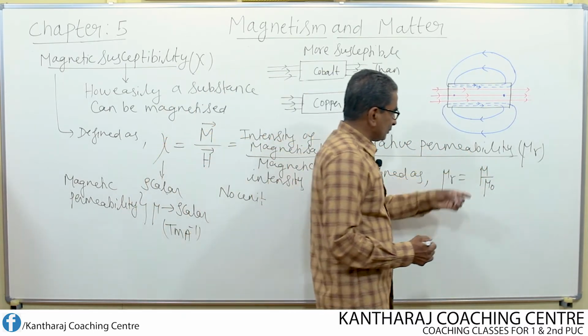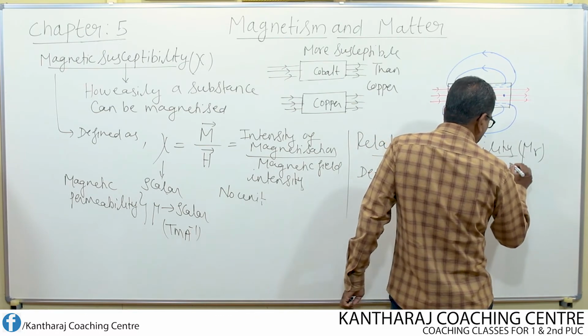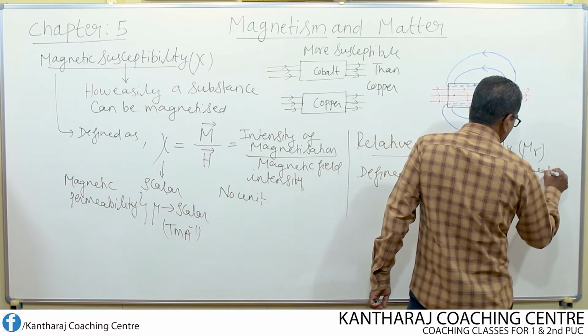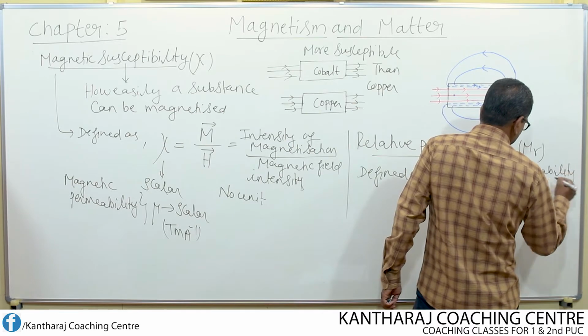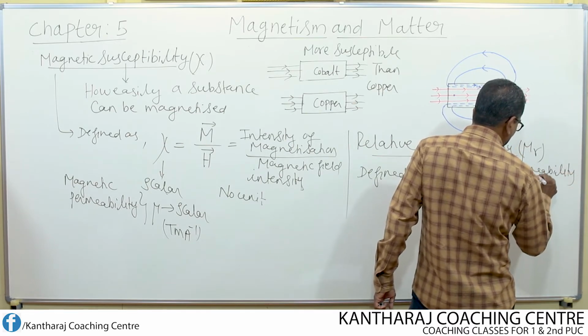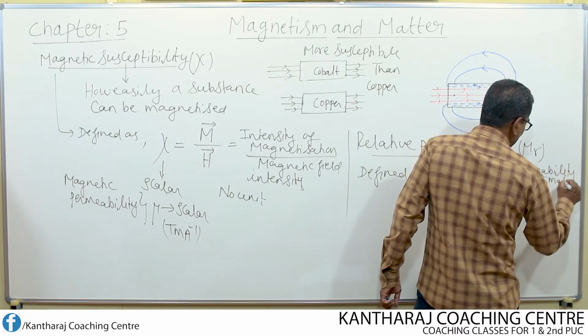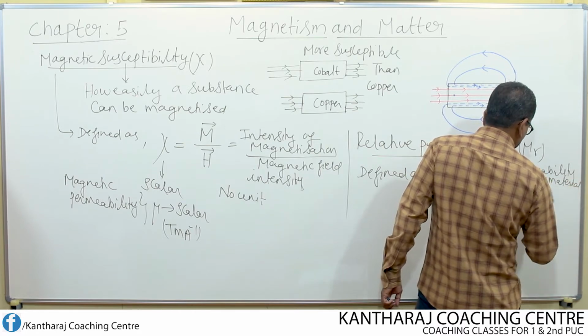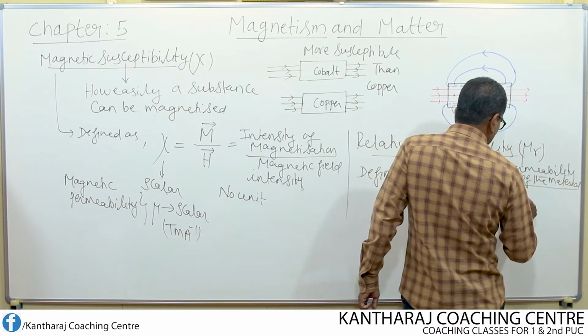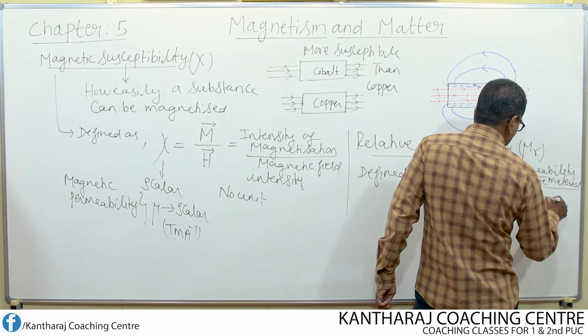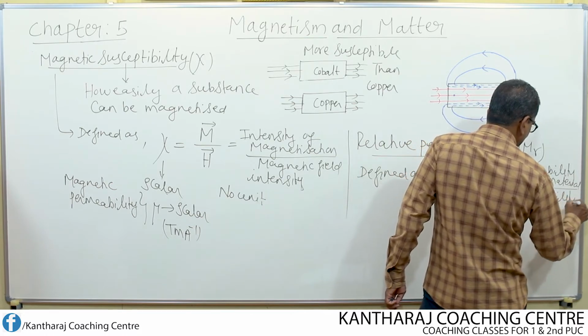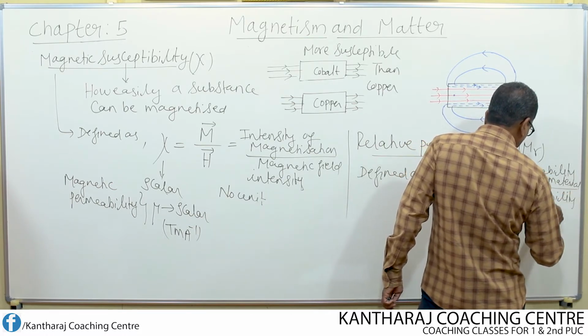What does mu refer to? Mu refers to the permeability of the material, the magnetic material. Then what does mu naught refer to? This refers to the permeability of free space.